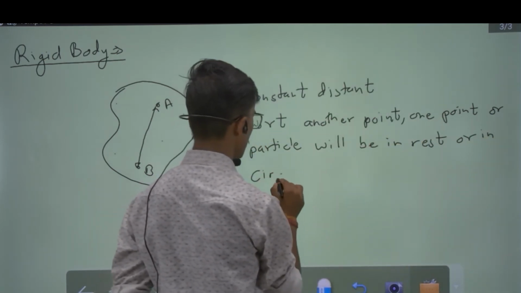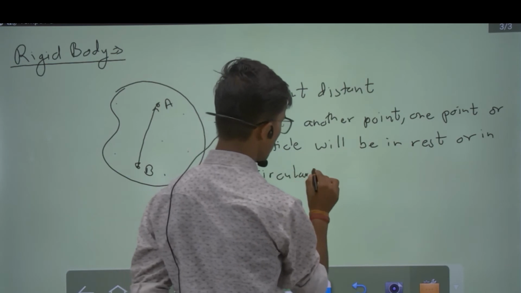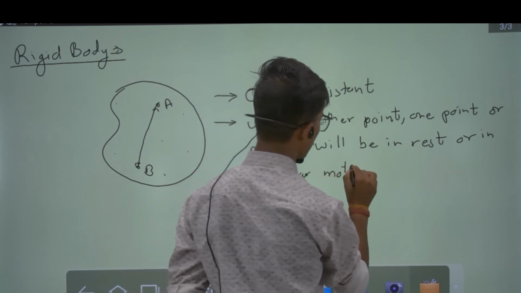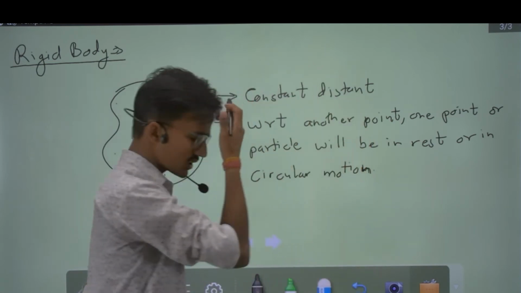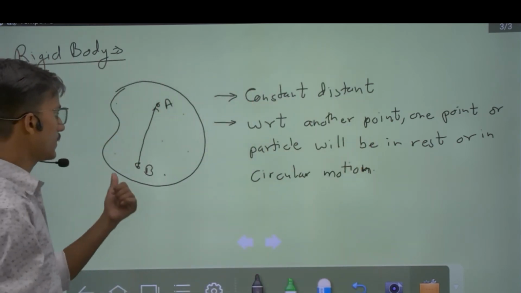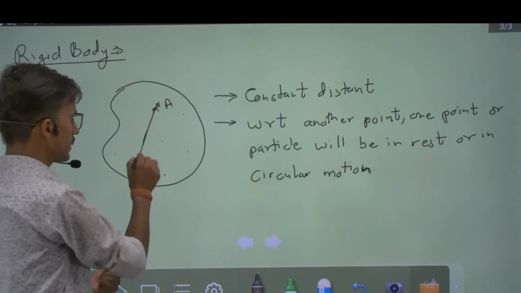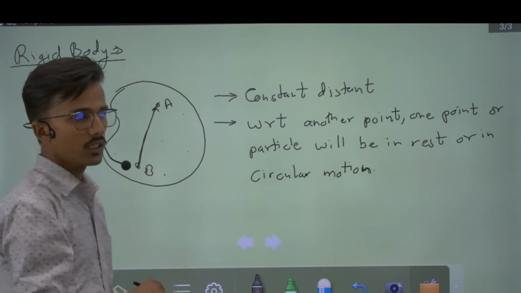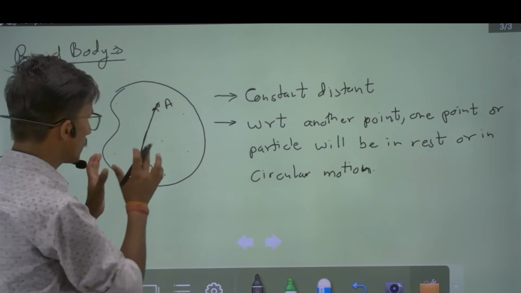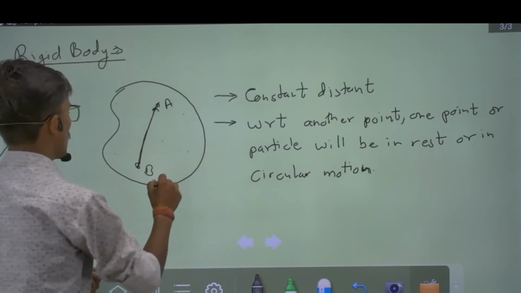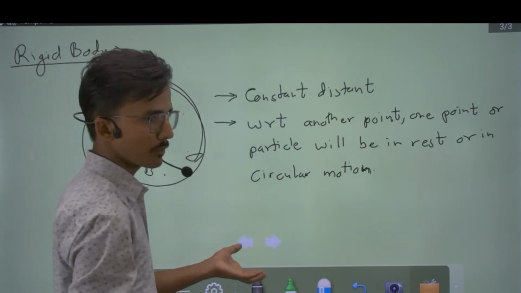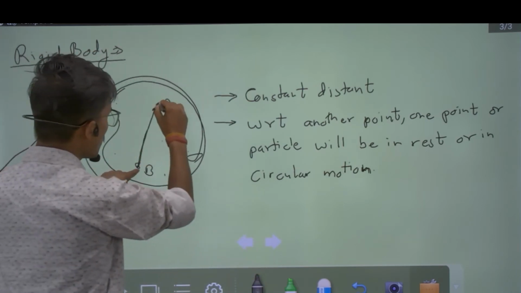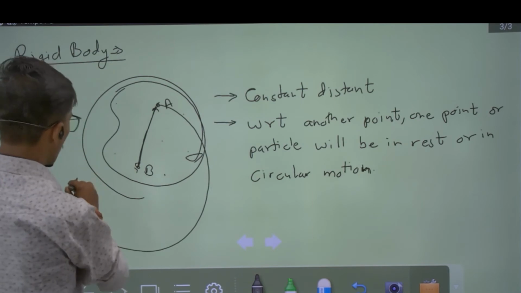Why in circular motion? There is a simple reason. If we are saying that the distance between A and B can't change, then if you move this in rotation or in translation motion, what will happen? At most, A can rotate around B. That's it.